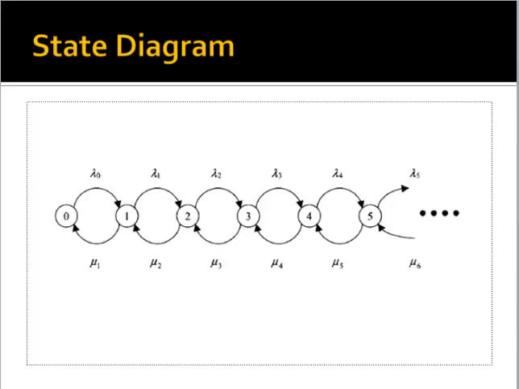Say, the rate at which a customer comes to a cashier to check out. The arrows on the bottom, indicated by mu and pointing left, represent the rate at which the system will decrease its state. Say, the rate at which the cashier can check out customers. State diagrams help visualize the mathematical relationships between state probabilities and arrival and service rates.